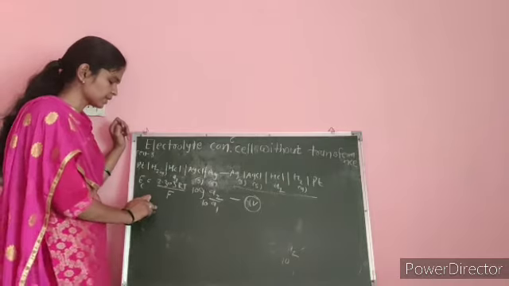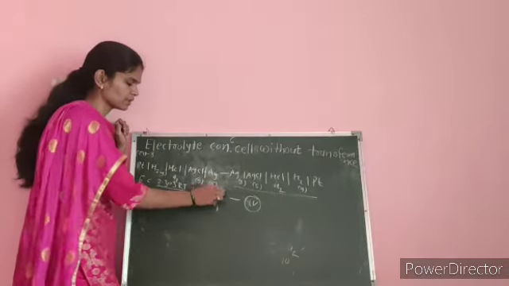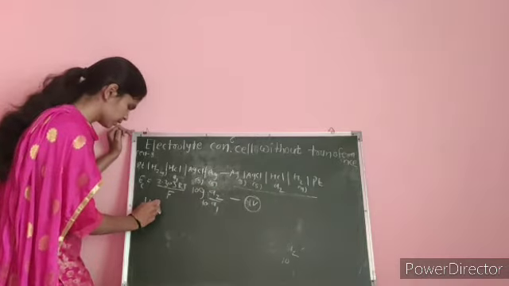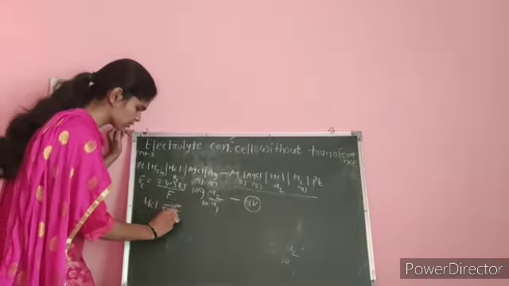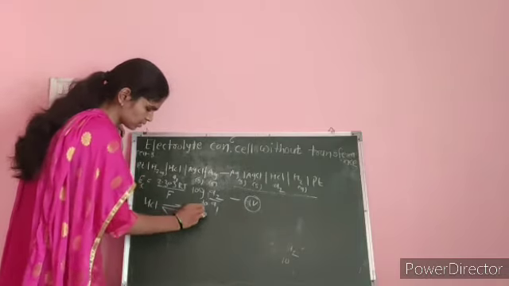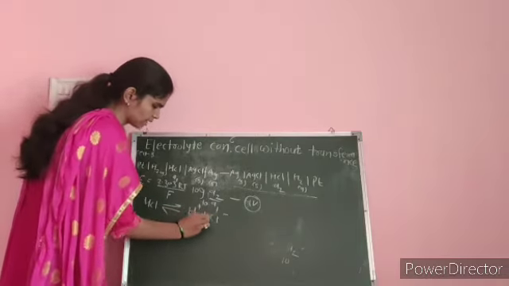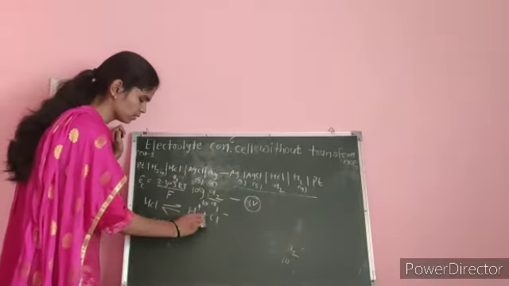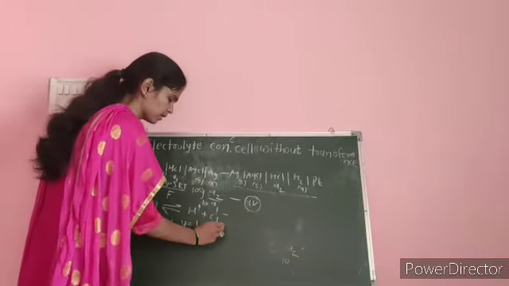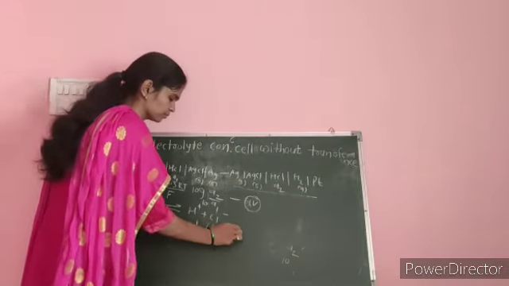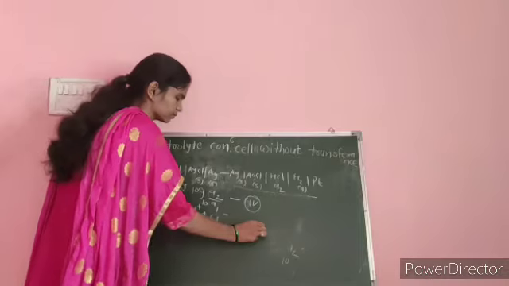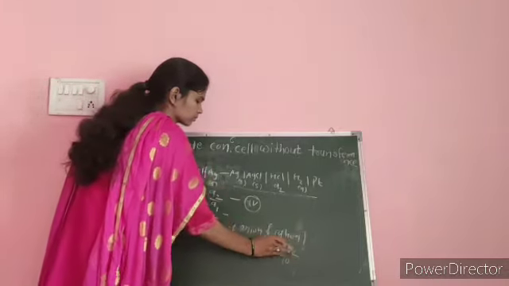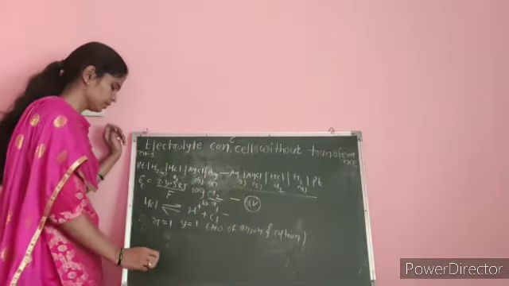Next is for HCl. This is the concentration of HCl. For HCl, we can write HCl reaction gives H plus and Cl minus, and x is equal to 1 and y is equal to 1, that is number of anion and cation.